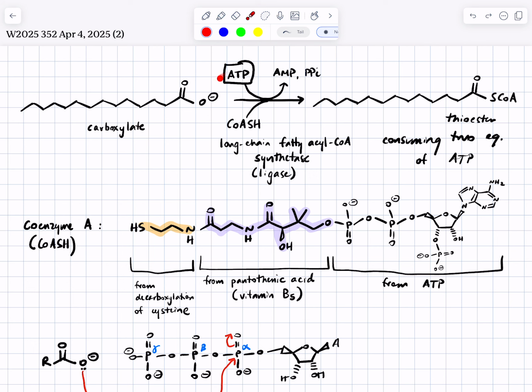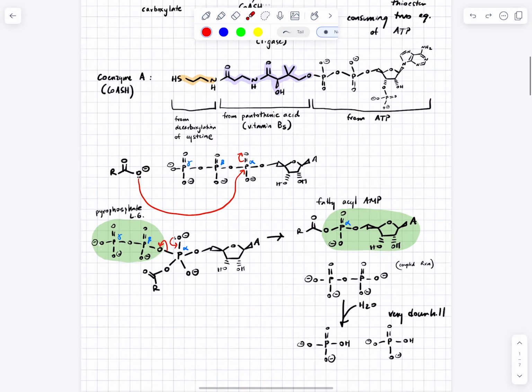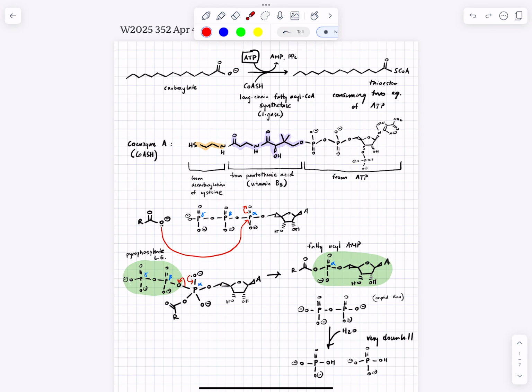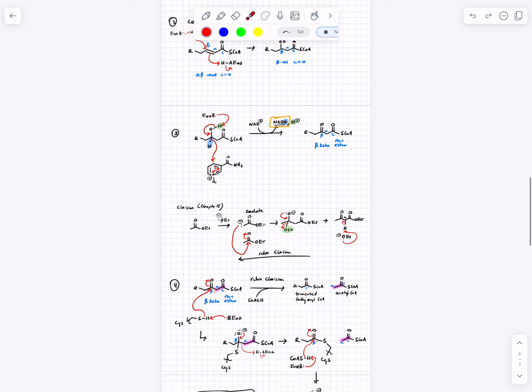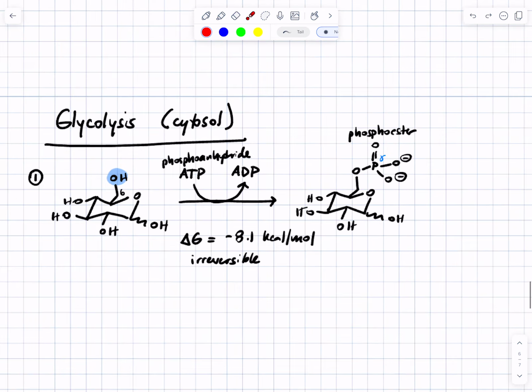Start out with a phosphoanhydride in ATP and a carboxylate. You make a thioester. So you would say it's neutral, but perhaps if you also included what happens to the pyrophosphate, then maybe you'd say it's downhill in energy. Again, we're just looking for a general sense for whether reactions are favorable or not by comparing the reactivity of starting materials versus products. So, phosphoanhydride to phosphoester, that's very downhill, it's irreversible.